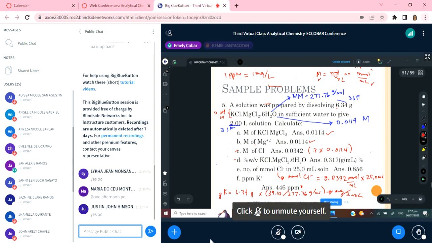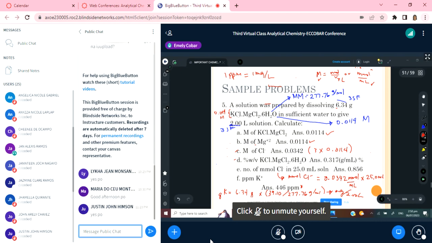Ganito lang yon. Okay, if I have 1 mole of this whole thing, ito tong buo na to, KCl, MgCl2, 6 water, 1 mole. Ilang chlorine meron doon? Di ba 3 moles? 1, 2, 3. Di ba? Okay? So, if I have 1 mole of KCl, MgCl2, 6 water in 1 liter, I'll have 3 moles of chlorine.